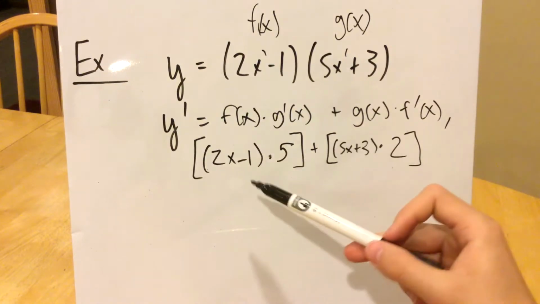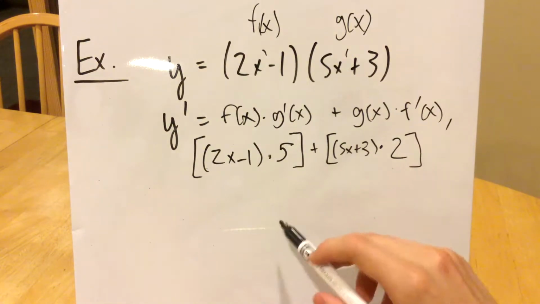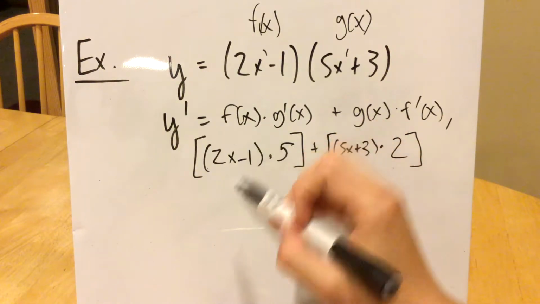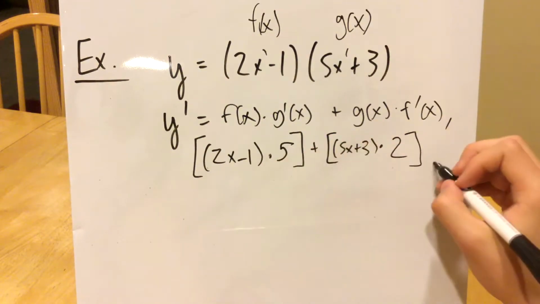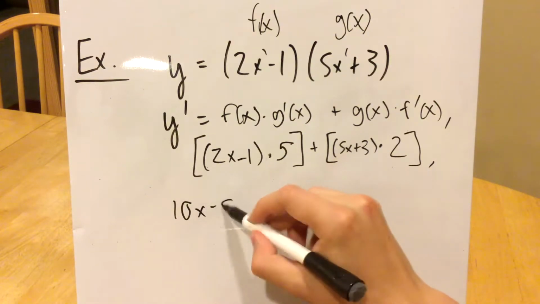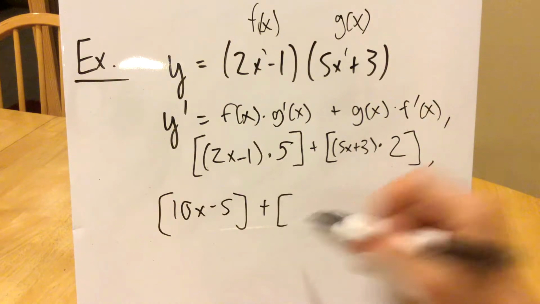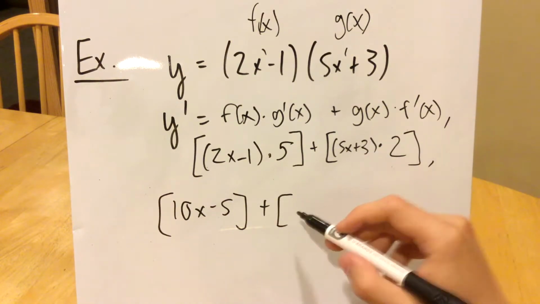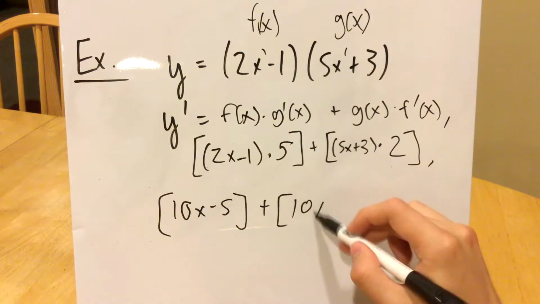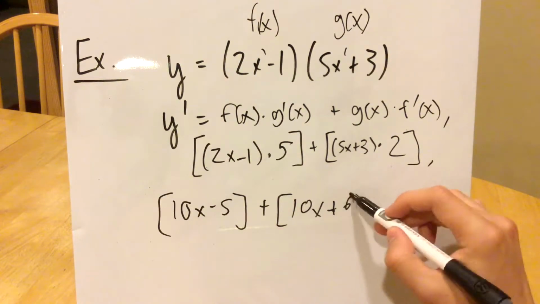So right now we've got this whole equation, and let's simplify it down. So times this by 5, we have got 10x minus 5, put our brackets in, plus, and then times over here by 2, 10x plus 2 times 3 is 6.